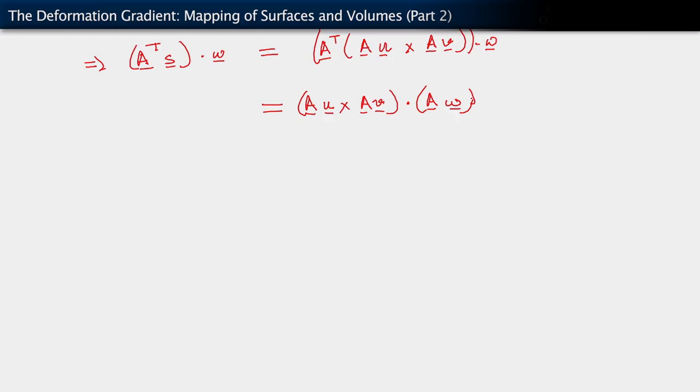Okay, but observe, what do we have on the right-hand side? We have a scalar triple product, which you've studied before in high school or elsewhere. Now, we have the scalar triple product of three vectors, AU, AV, and AW.